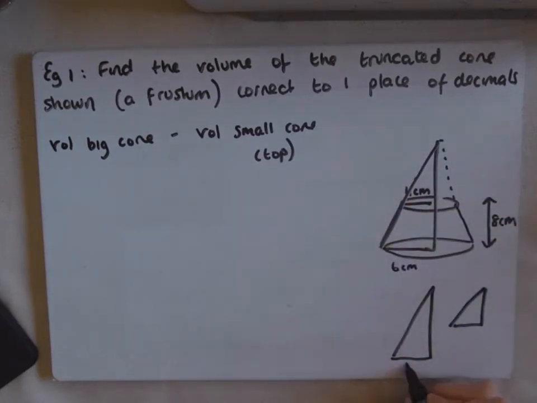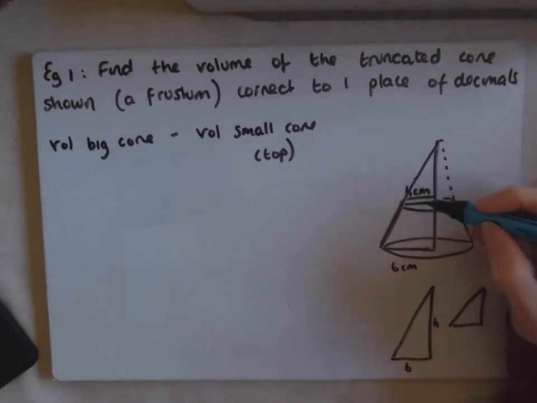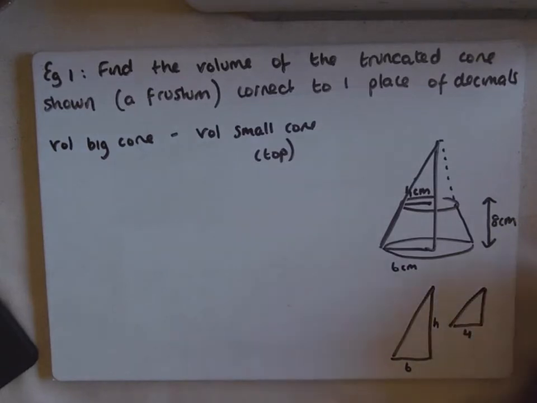Now the big one is 6, and we don't know the height, it's h. The small one is 4, and we don't know the height of the small one, but what is it in relation to h? If h is the whole thing, how would I get what this is? 8 plus... 8. H is the whole thing, you're on the right track. All right. So h minus 8. Exactly, h take 8.